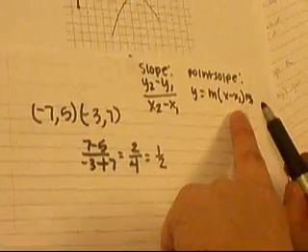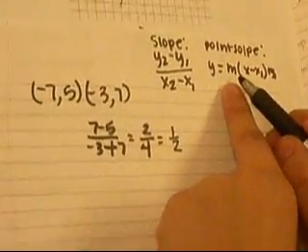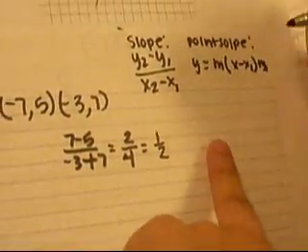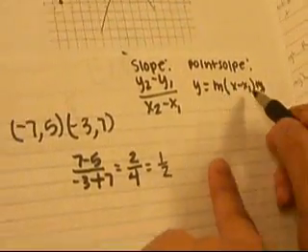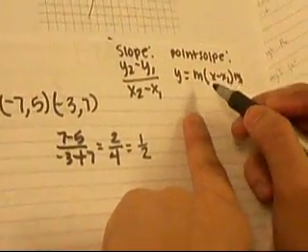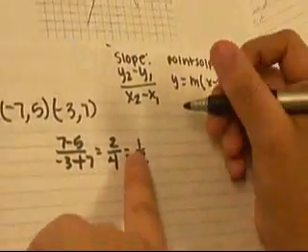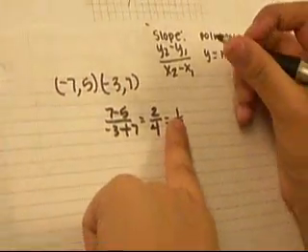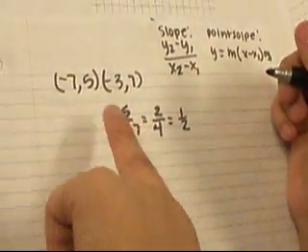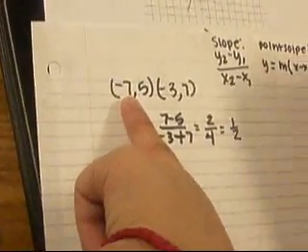So what you do for this one is you find your m and then you plug in one of your points. It's a lot easier than the one that Jaime did because you don't have to solve for anything except m and then just look for a point on the line. So I'm going to plug in (-7, 5) to my formula.